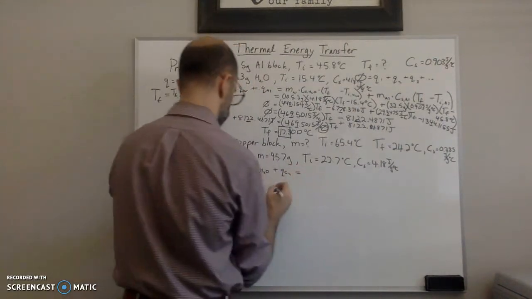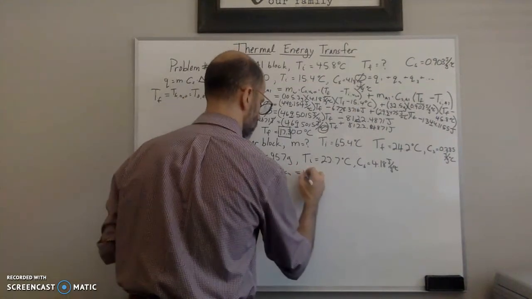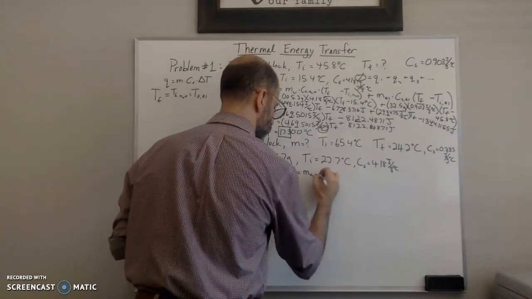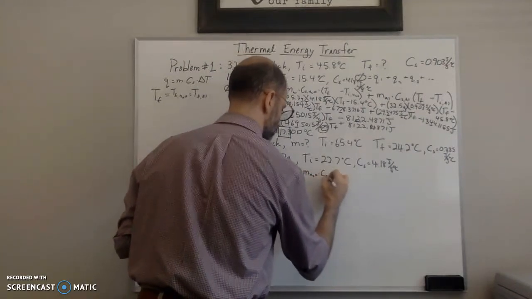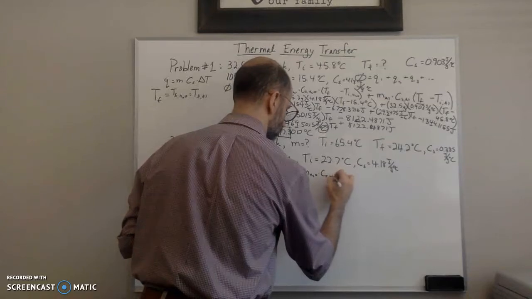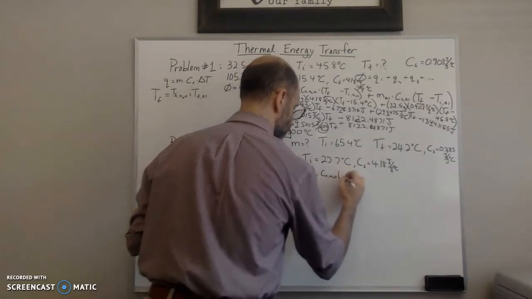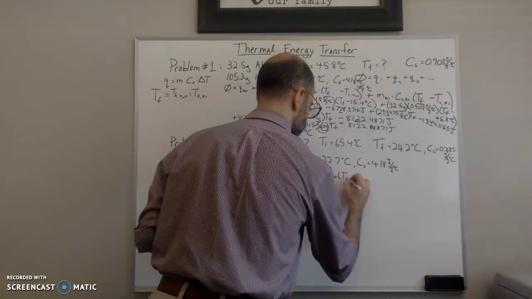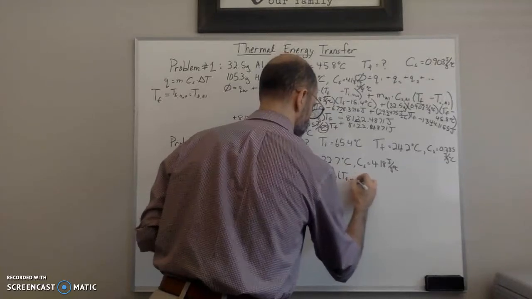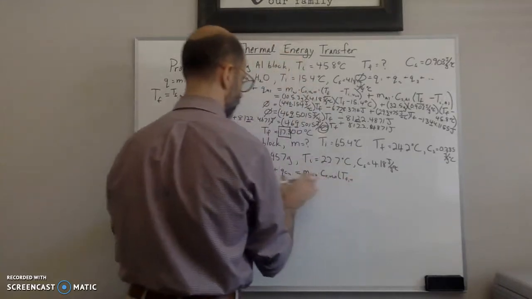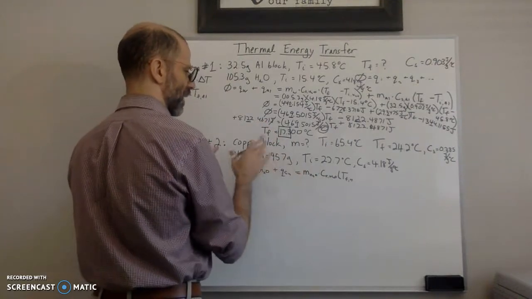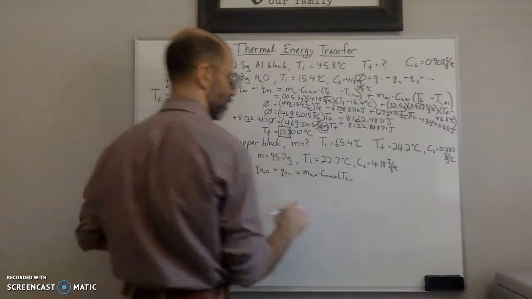So for Q of water again, it's going to be the mass of the water multiplied by the specific heat of the water, and then multiplied by the temperature change. So the temperature change is going to be the final temperature of the water. Or in this case, again, the final temperature is going to be the same for both because they're at equilibrium.